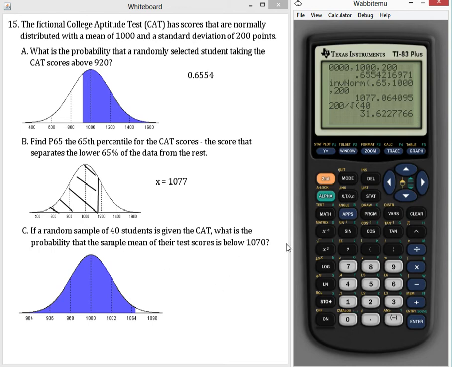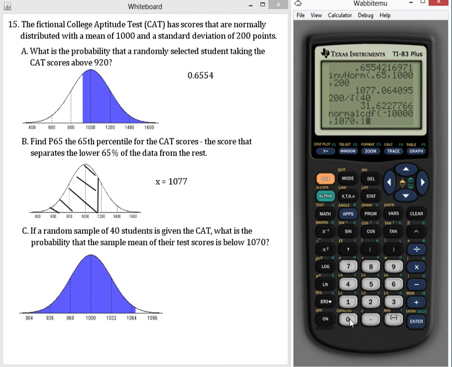So for the 1070, I've estimated where it would be approximately, and I'm looking for the sample mean to be below that, so I'd be shading to the left. Which means when I do my normal CDF function, I'm going to give it a value representing negative infinity, so negative 10,000, and then 1070, then the mean and standard deviation.